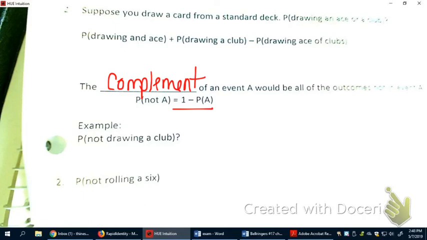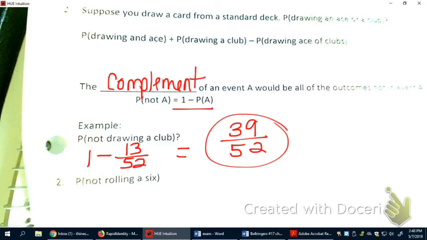I think you get 39 out of 52. See, the probability of drawing a club is 13 out of 52, and if you do 1 minus it, you would get this. I tend to just try to think about it, how many are not clubs, and then divide by the total. But you could do 1 minus the probability of it.